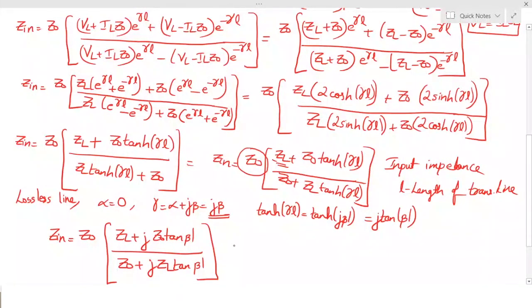This is the equation for input impedance in case of a lossless line.